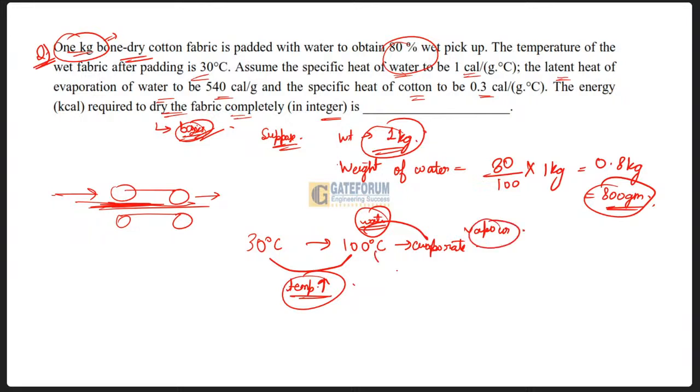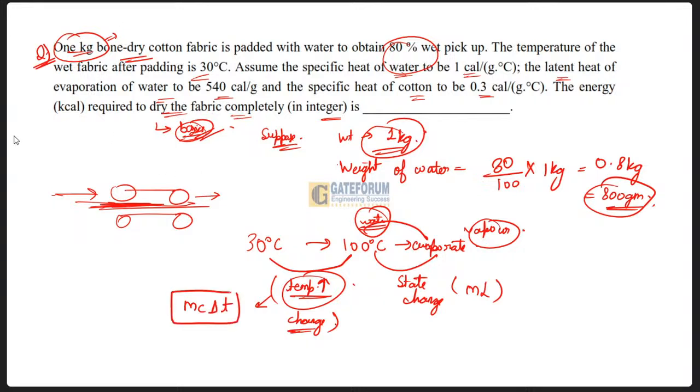So here is a state change, and here only a temperature change. Whenever there is a state change, you apply the latent heat of evaporation, that is mL. Whenever there is a temperature change, you apply mc delta t. So these are two things.